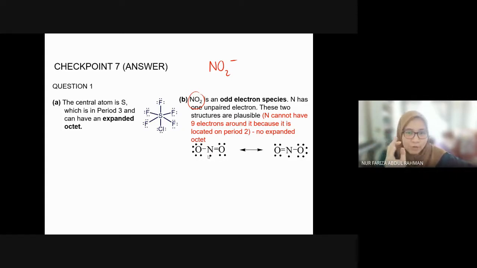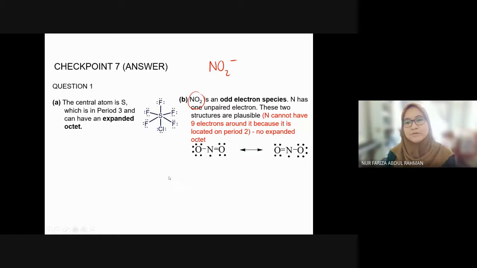Itu sebenarnya belum answer dia lagi lah. You have to give reason why. Tapi dia punya pembuka, because nitrogen comes from group 2, period 2, nitrogen should obey the octet rule. Sebab n is equal to 2 does not have d orbital. So that's why nitrogen mesti follow octet. Kalau tak follow octet, dia akan jadi odd macam ini.